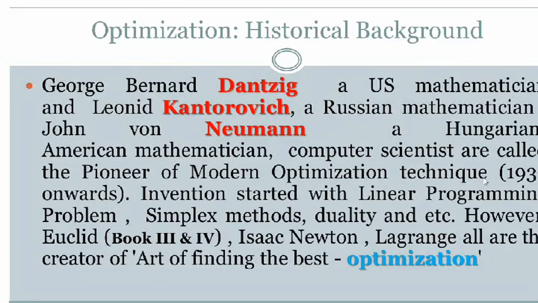Now I must say Euclid's books 3 and 4 also described minimization and maximization, and Isaac Newton, we do not need to say more elaborately, because Newton's theory and applications are being used today also.